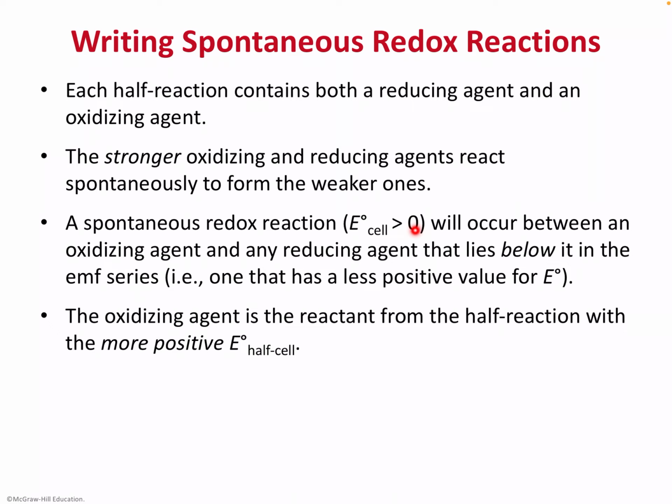So in order for that to happen, the oxidizing agent reacts with any reducing agent that lies below it in the EMF series, one that has a less positive value for E-note. The oxidizing agent is the reactant from the half reaction with the more positive E-note half cell. Oxidizing agent.